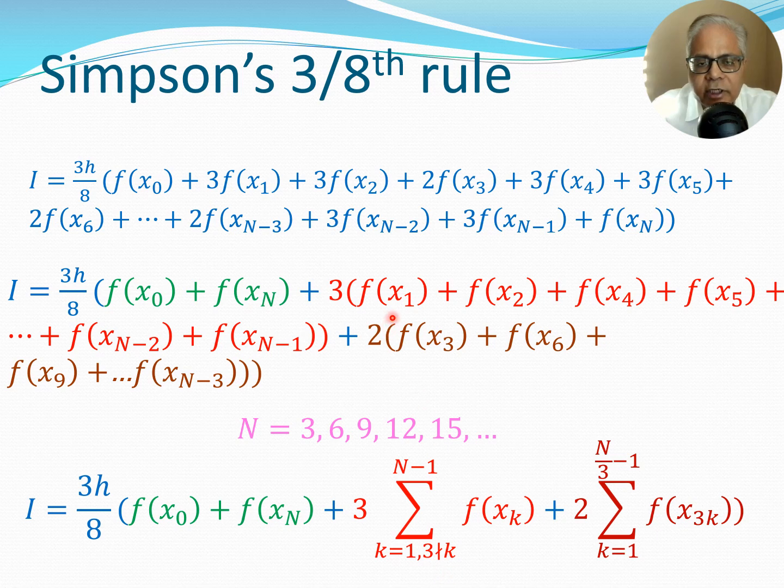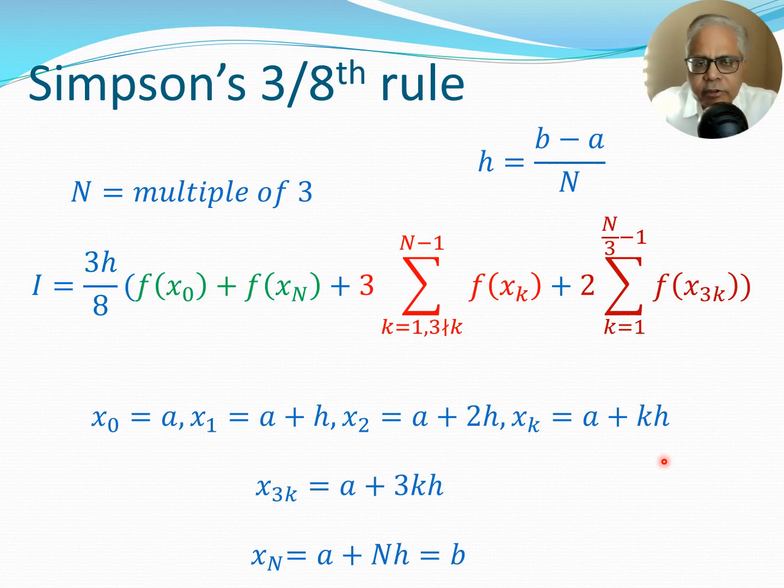You can see here that you have f(x1), f(x2), but f(x3) is missing here, f(x6) is missing here, and so on. And the multiples of 3 are present in the terms involving the coefficient 2. So you can see that in the second summation, you essentially go from k is 1 to n by 3 minus 1 of f(x3k). You also see here that you have the n by 3 term. Therefore, n has to be a multiple of 3 for this whole summation to work out.